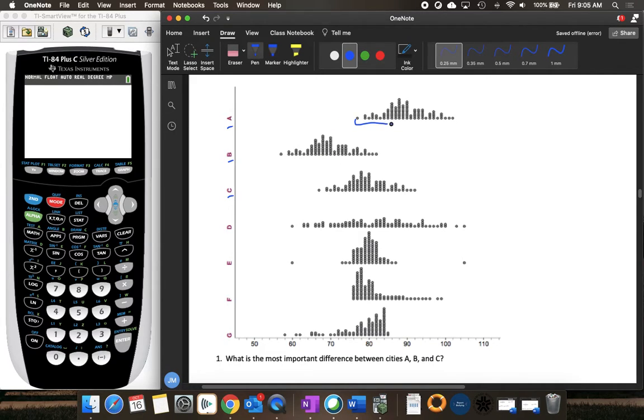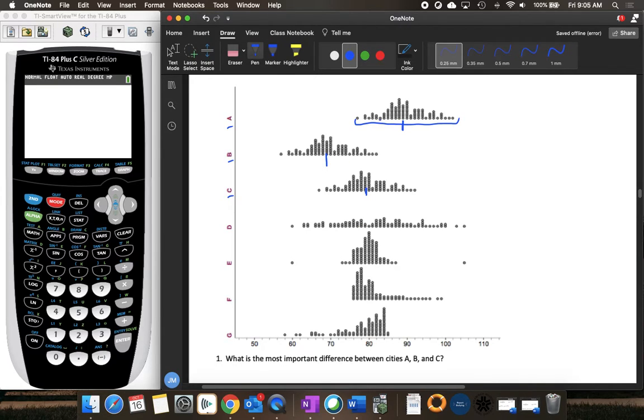Basically, all of this data is between about 75 and 100. So let's just talk about where the center of the data is. It looks like the center of the data for A is around 90, whereas the center of the data for B would be around maybe 68 or 69, and the center for the data of C is somewhere around 80.